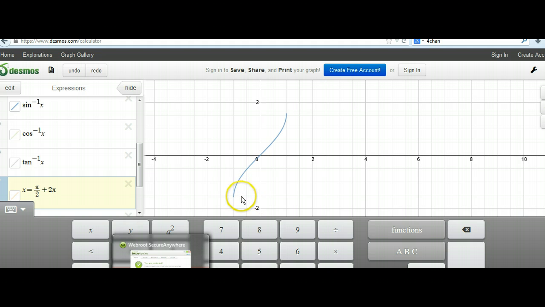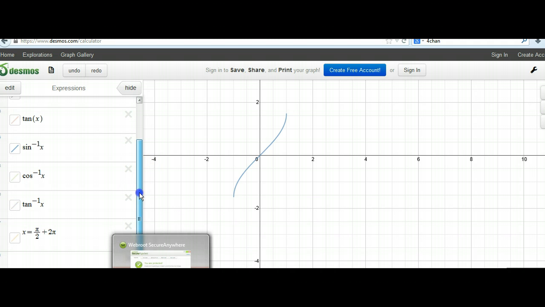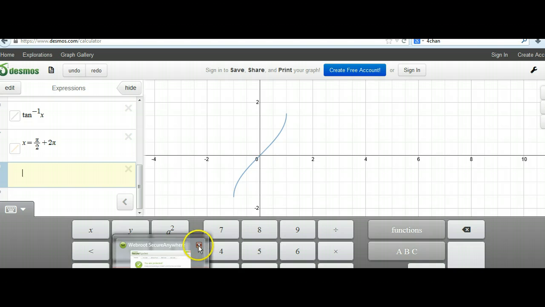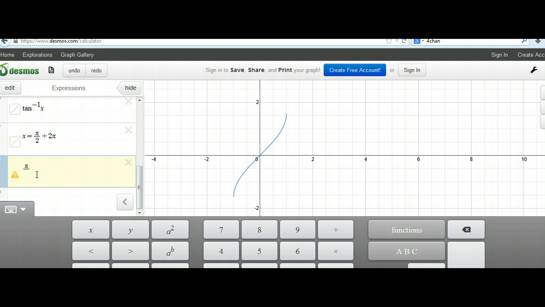So we need to find out when sine is equal to 1 and when sine is equal to negative 1. Okay, now that is going to give us our values. So if you look on your graph, sine is equal to 1 at, let's see, at pi over 2.